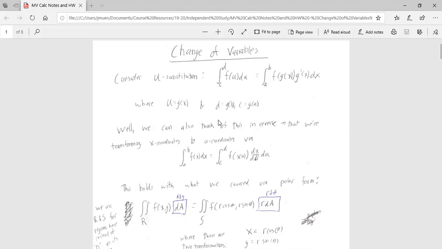We've seen this plenty. We can also think of the reverse, and this is what we're going to be doing here, where we're transforming x coordinates to u coordinates. The integral from a to b of f of x dx is equal to the integral from c to d of f of x of u times dx du times du.